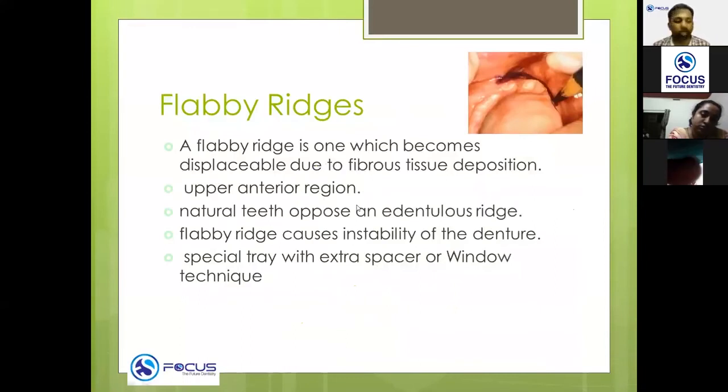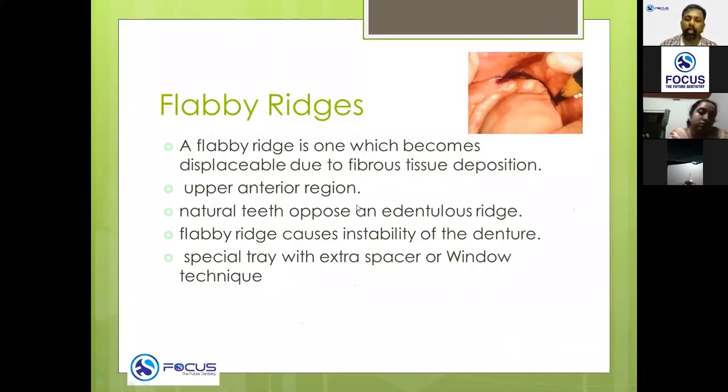Now for flabby ridges, what are the things we have to consider? Either you will have to surgically remove the flabby portion so that it doesn't interfere with denture retention.